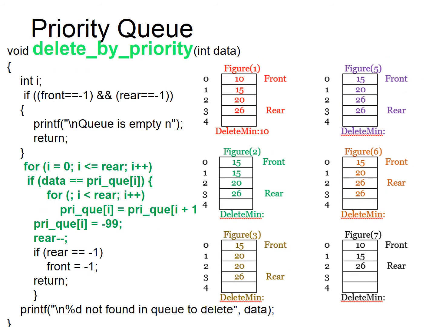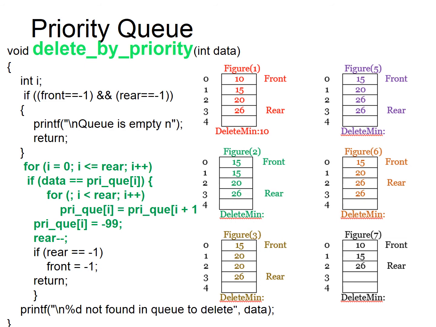The next thing we are going to see is delete minimum in the priority queue. You can see my list is already sorted. So the first position is going to hold the minimum value of the priority queue, that is, the highest priority element is available in the first position. What I have to do here is, after deletion of 10, all the cells have to be shifted one cell above.